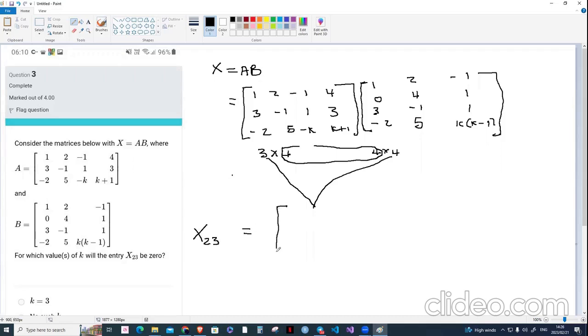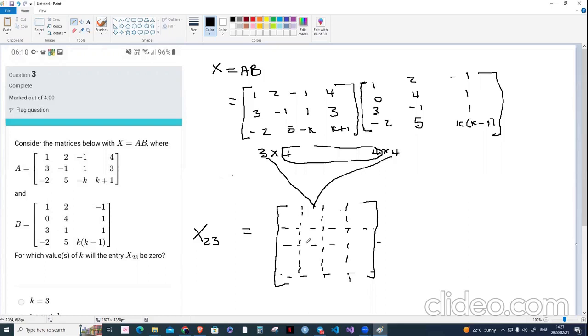Because you're going to get a 3 by 4 matrix, with rows 1, 2, 3 and columns 1, 2, 3, 4. Something like this.